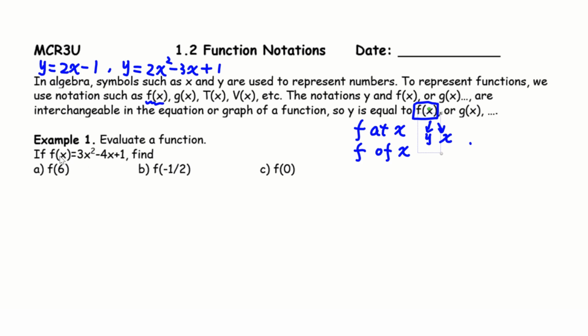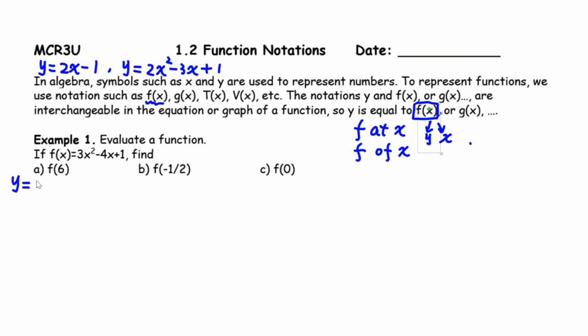If f of x equals 3x squared minus 4x plus 1, find f of 6. If we translate to what we know before, we could write this equation in another form. So y equals, f of x and y are interchangeable, so we replace f of x with y.